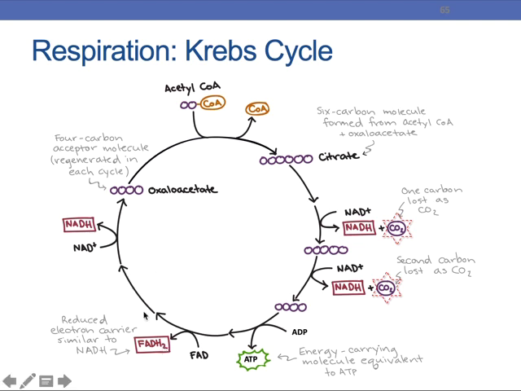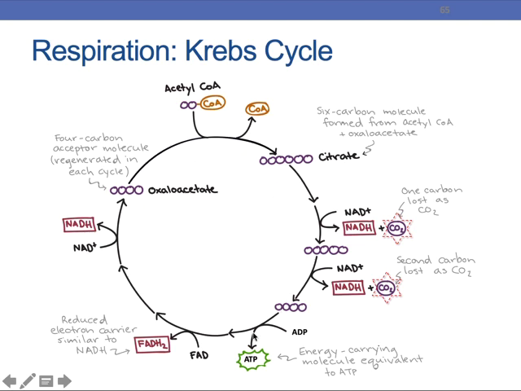Fumarate will also undergo transformation and become malate. All this time, it is still a 4-carbon compound. It is just rearrangements that are going on. In the process, you also have NADH produced again. And the final product is a 4-carbon compound called oxaloacetate, which will combine again with acetyl-CoA, and the cycle continues.